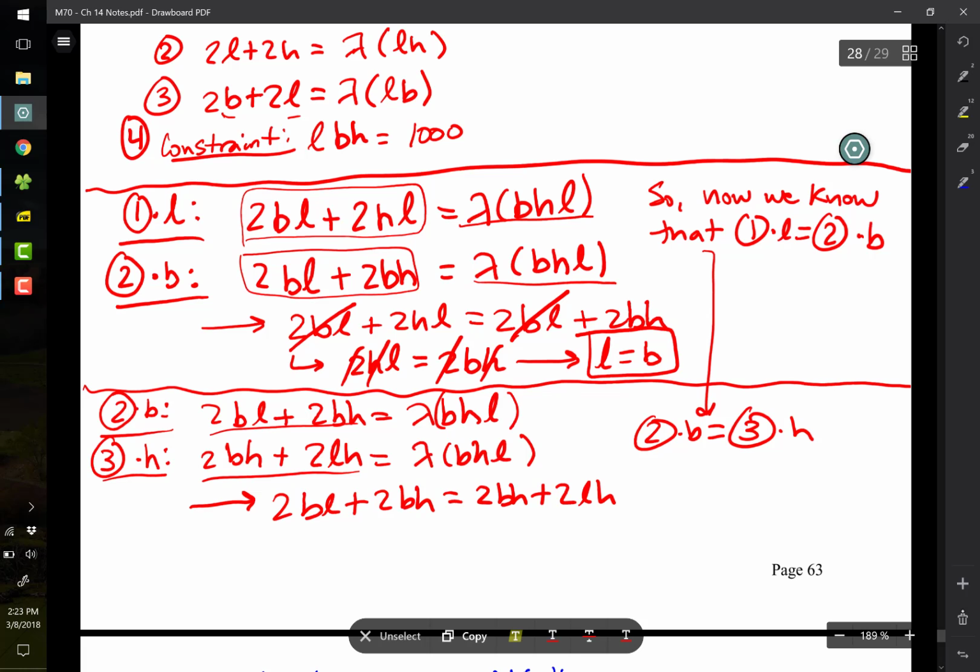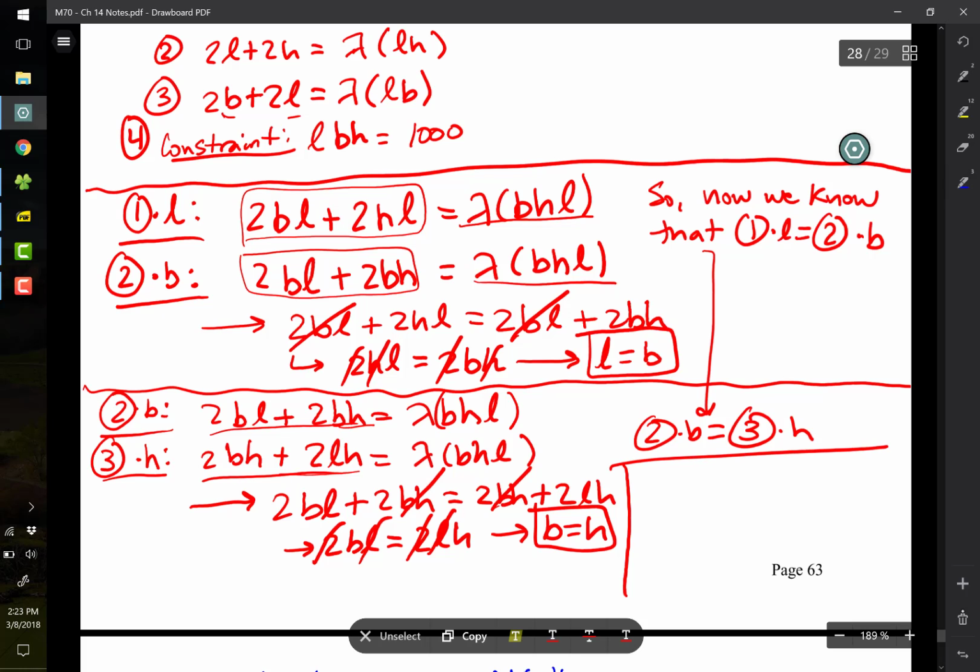Okay, so the BH's cancel, so that's cool. So we get 2BL is equal to 2LH. The 2's cancel, the L's cancel, and that gives me the result that B is also equal to H. So we found L is equal to B, but that's also equal to H.